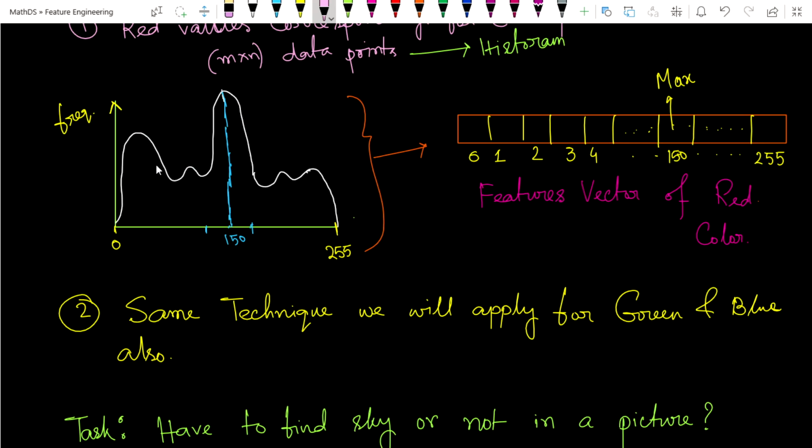Just see from this picture. This is a frequency, so how much density there is. And we know the maximum density value is 255. From each cell, we can conclude how much maximum value of the frequency they have.